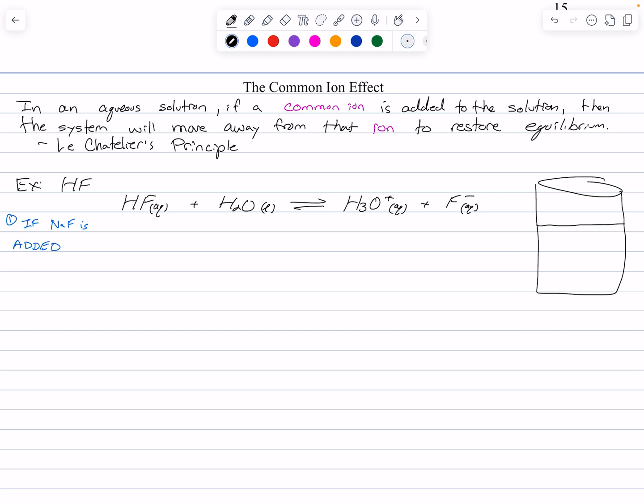And in here we have our HF and F minus and H3O plus. If we throw in NaF, and it's a strong electrolyte, I'm going to get Na plus and then F minus as well. And so NaF solid, Na plus, and F minus.